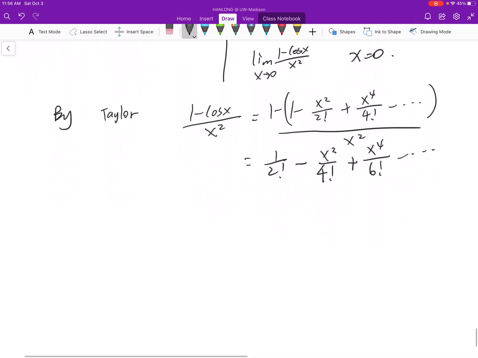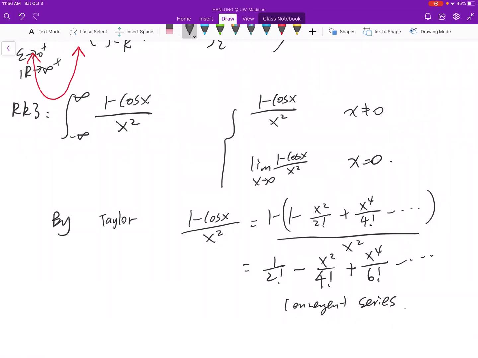It converges very fast, so this is a convergent series. In particular, it's smooth.